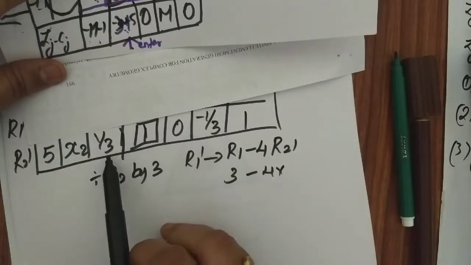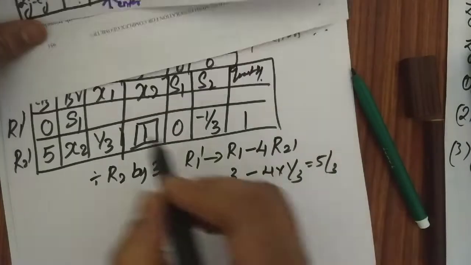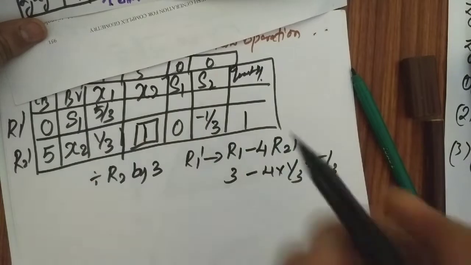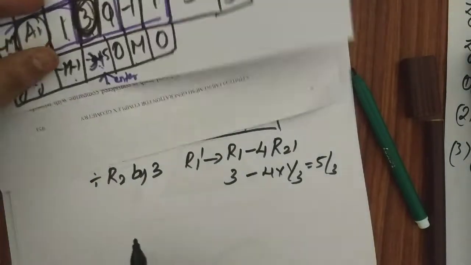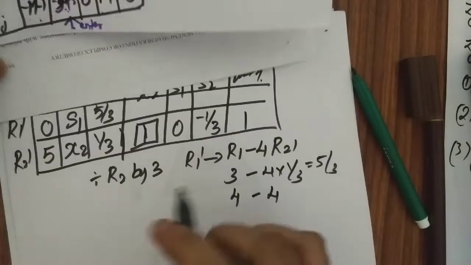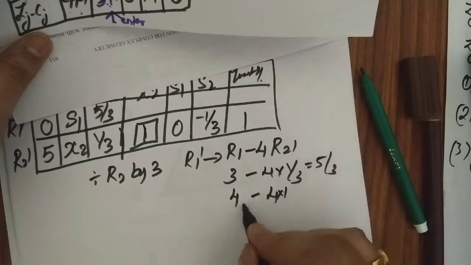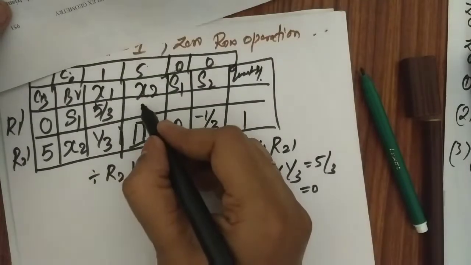What is R2 dash? R2 dash is 1 by 3. Simplify, you will get 5 by 3. Enter that here. Similarly, here we have 4. 4 minus 4 into R2 dash. What is R2 dash? It is 1. So 4 minus 4 becomes 0.